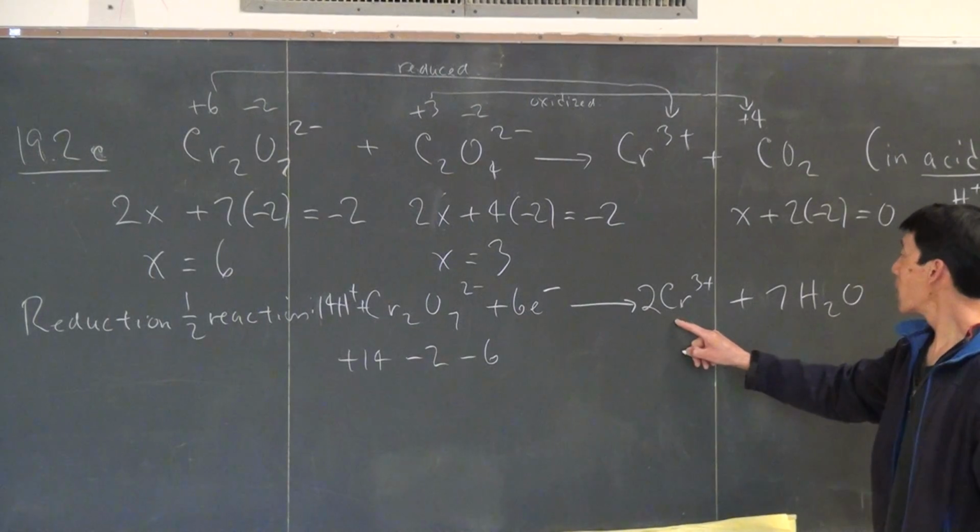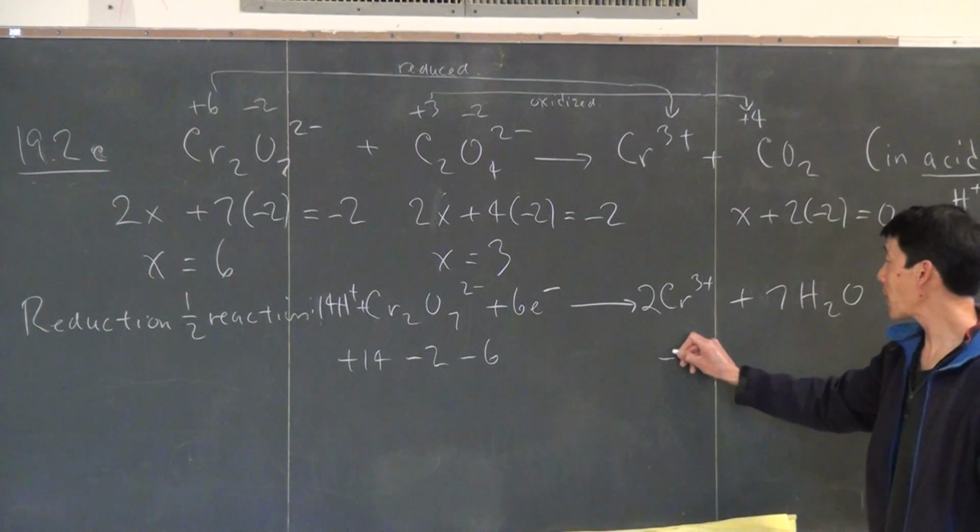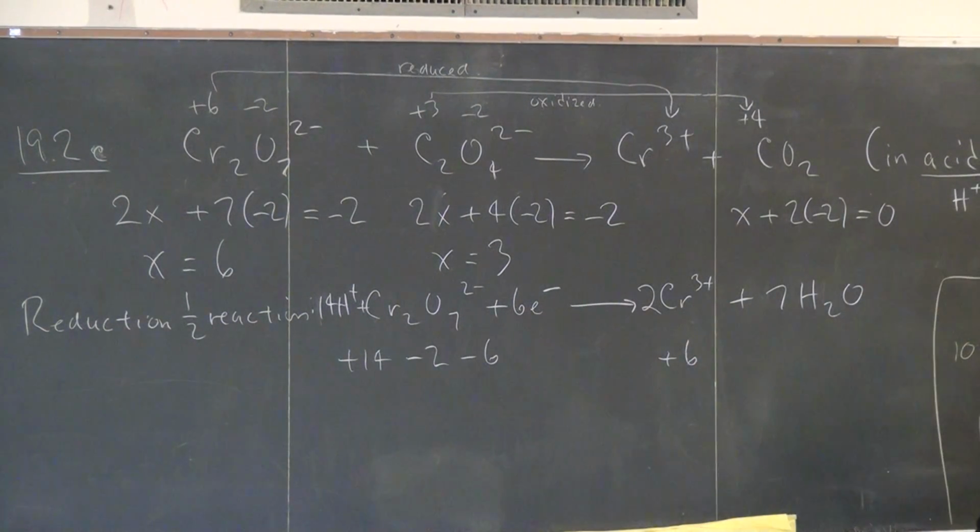Then here we have +3 times 2, which is +6. So is the charge the same on each side of the equation? Yes. So this is a balanced reduction half reaction. And just to make sure, is this reduction half reaction shown in Table 19.1?